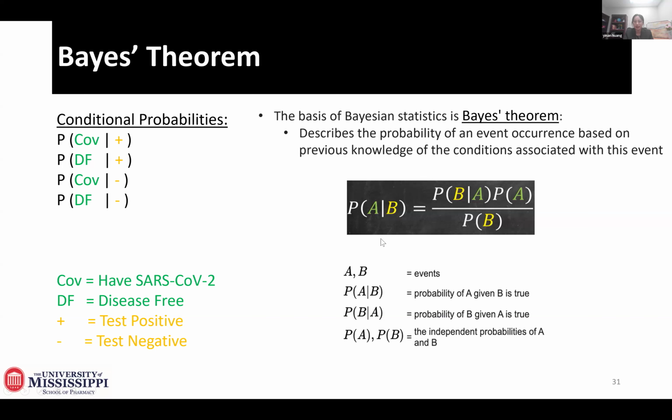We can say it like this: given the information B, what is the probability of having event A? That is equal to the probability of event B conditional on event A, multiplied by the prior knowledge of the probability of event A, divided by the probability of event B.